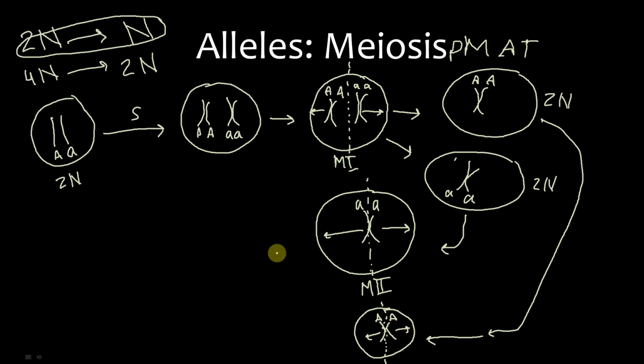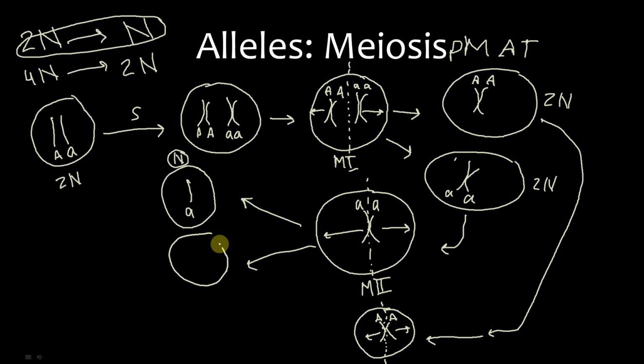So let's look at what the final daughter cells are going to look like at the end of meiosis. Here, this is going to segregate into this cell, so it's just going to be little a, and that is what ploidy level? N. Good. Then we'll also have another one, because this will go to a separate cell, so that's also going to be n.